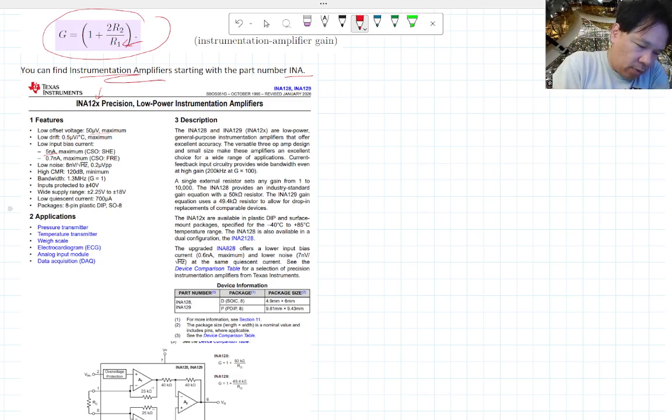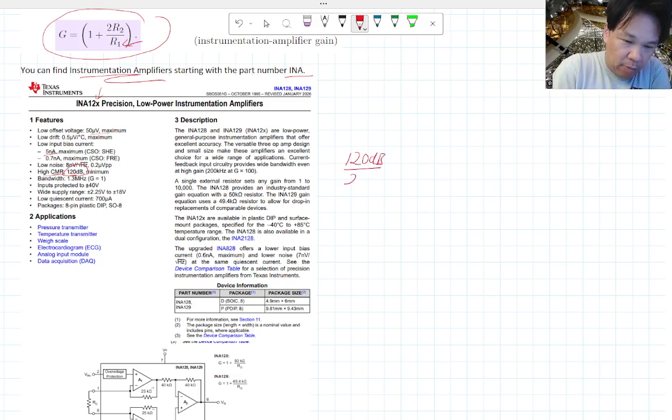The thing that you want to think about up to this point is this high CMR. The common mode rejection is 120 decibel. So 120 decibel, what is that equal to?